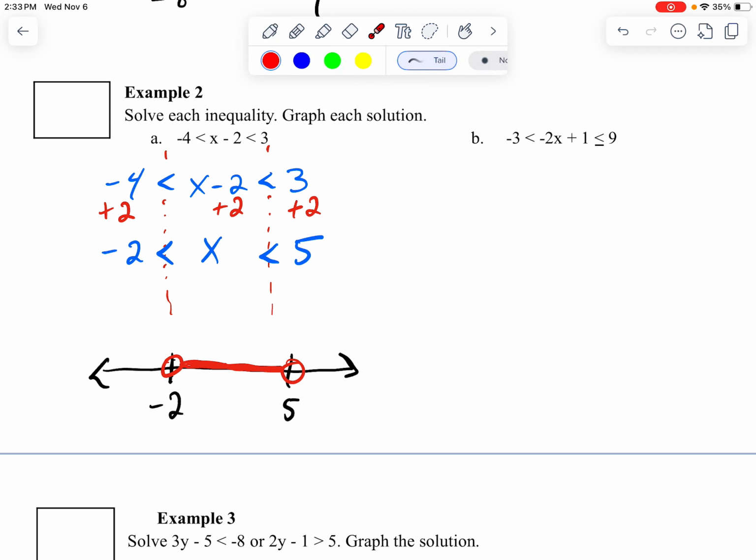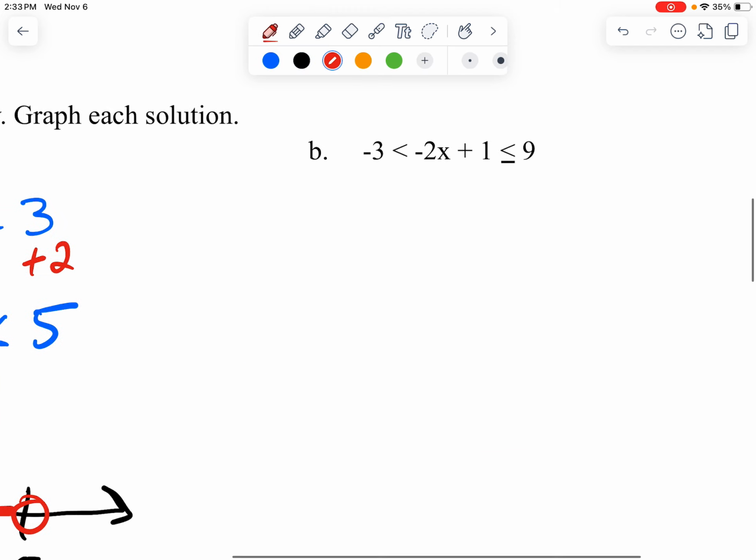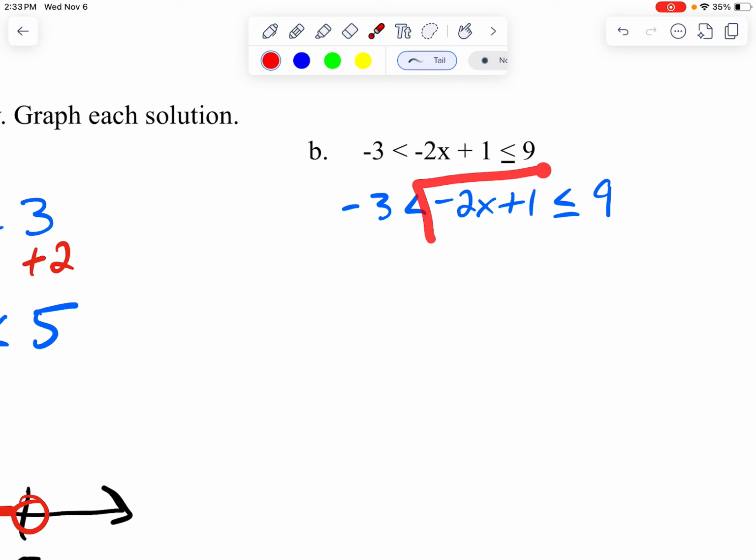Next, we've got a multi-step inequality here: -3 is less than -2x plus 1, which is less than or equal to 9. Same thing though. If we think about what I would do to get that x value by itself, I would want to get rid of this plus 1 first.